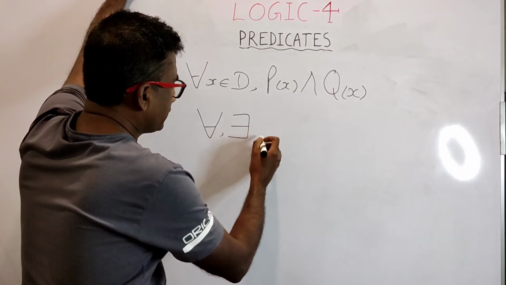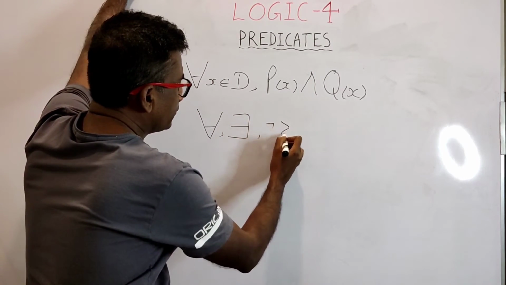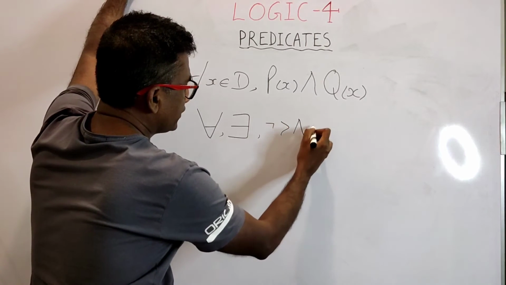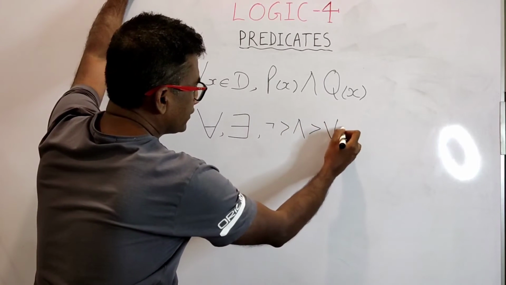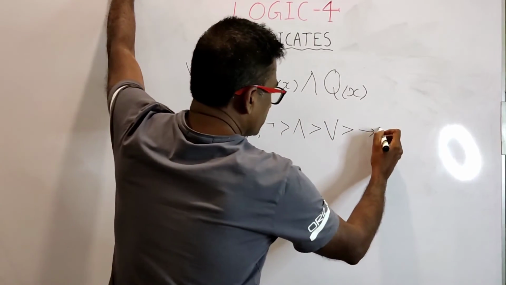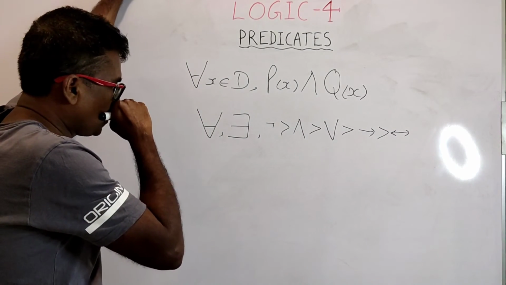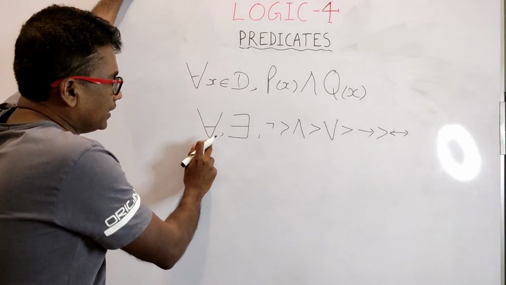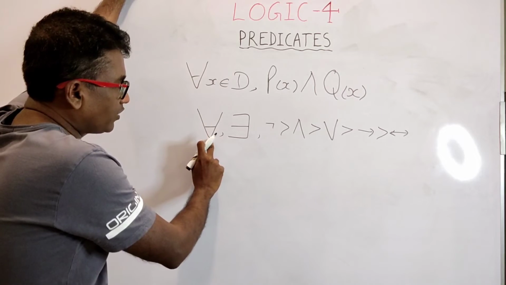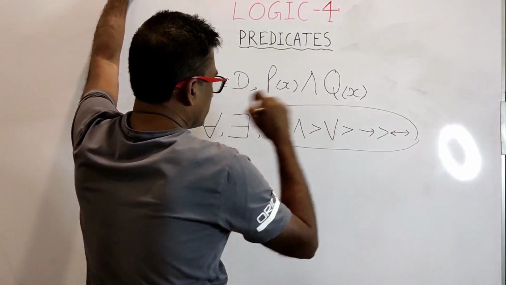What is the precedence of the logic connectors? The negation precedes conjunction, precedes disjunction, precedes unidirectional implication, precedes bidirectional implication. You have to understand that the logic quantifiers precede all the logic connectors, right?